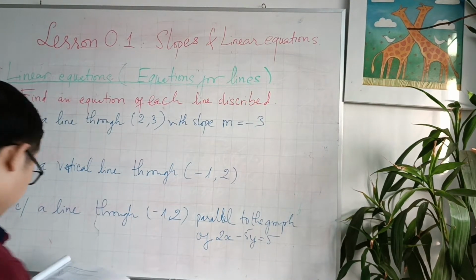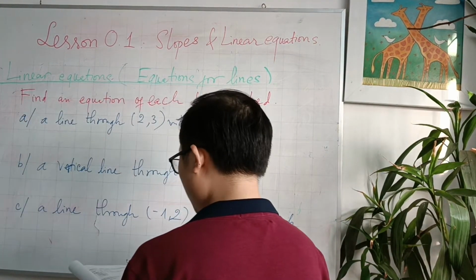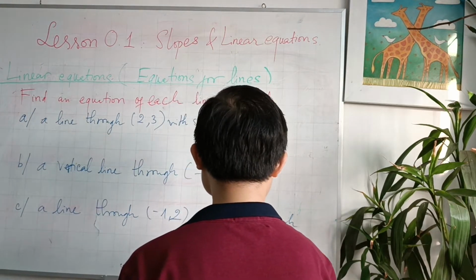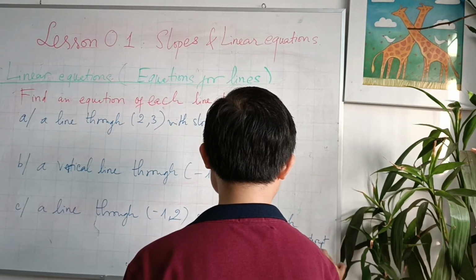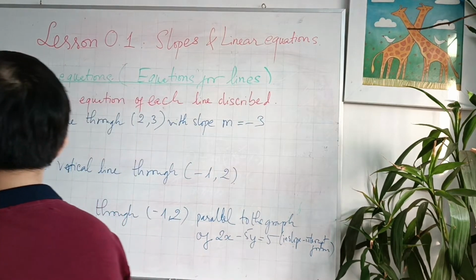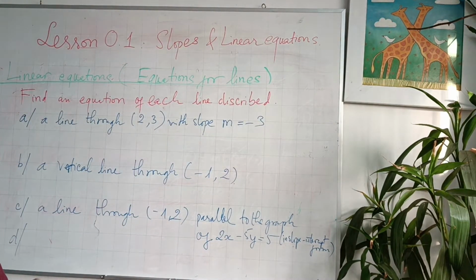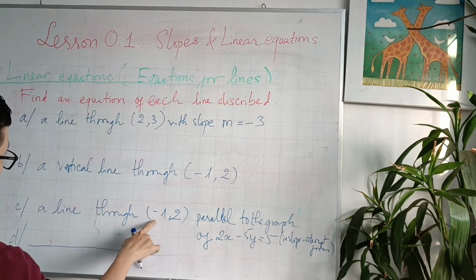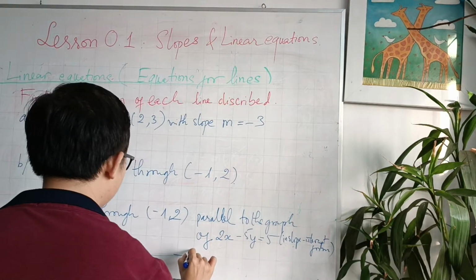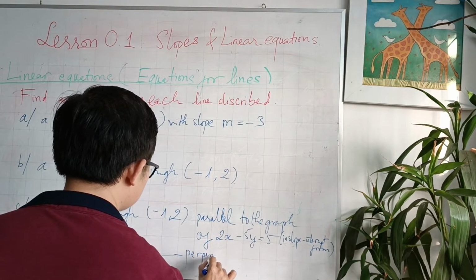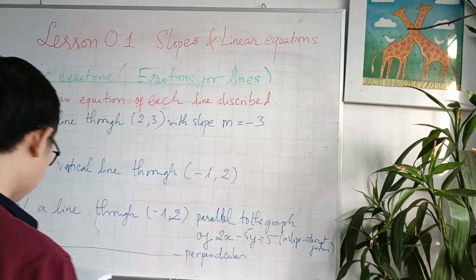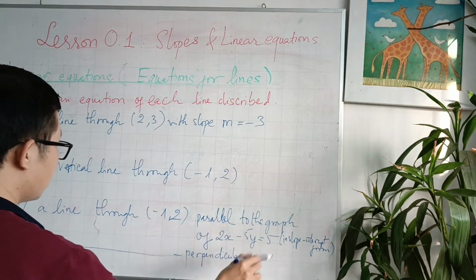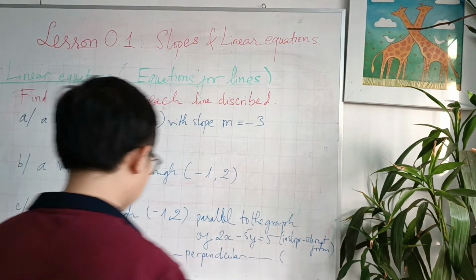And in these questions, we must write the answers in slope-intercept form. And the question D. A line also goes through the point (-1, 2), but it's perpendicular to this line, and the answer is in the general form.